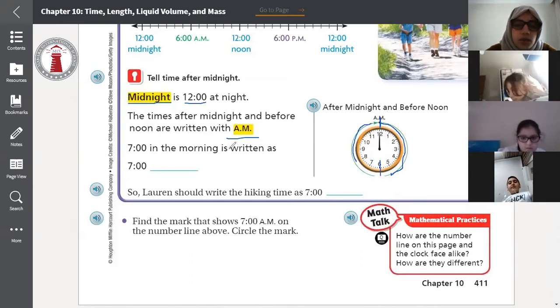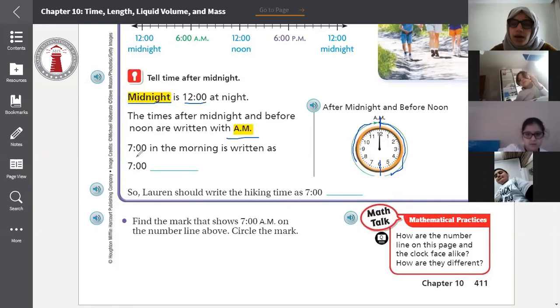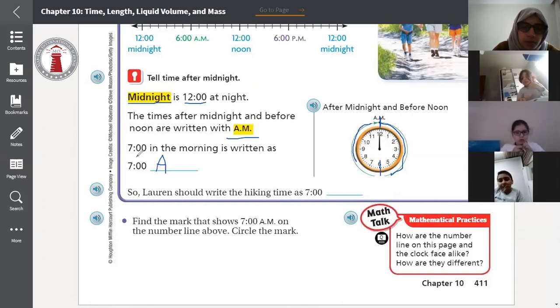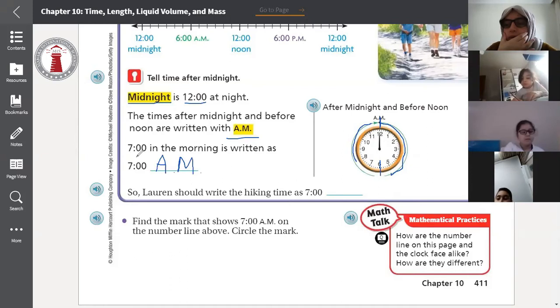So 7 in the morning is written as, how can I say it's morning? I will have to write 7 AM. And this is how you're telling me that the time for us to go hiking is 7 AM. So Lauren should write the hiking time is 7 AM so that their family can be prepared in the morning.